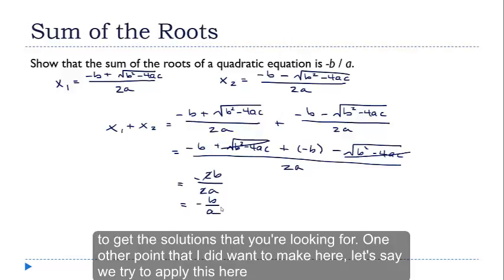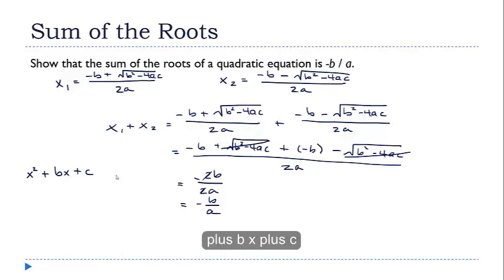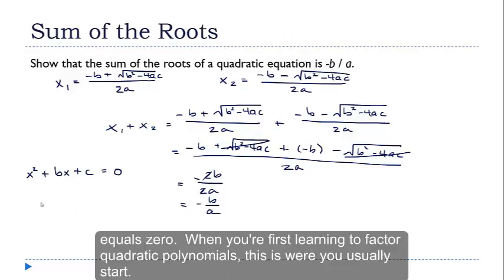One other point I did want to make here. Let's say we try to apply this to the special case that you usually talk about in algebra classes. Let's say we have x squared plus bx plus c equals 0. When you're first learning to factor quadratic polynomials, this is where you usually start.